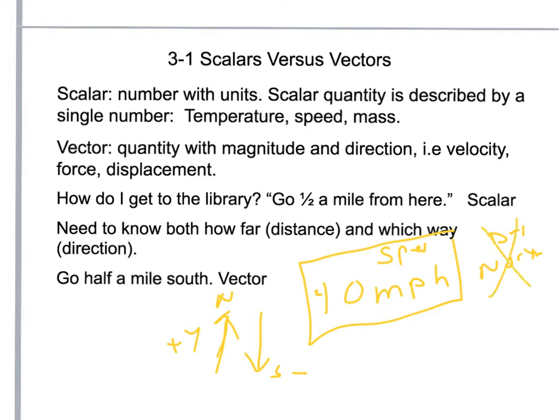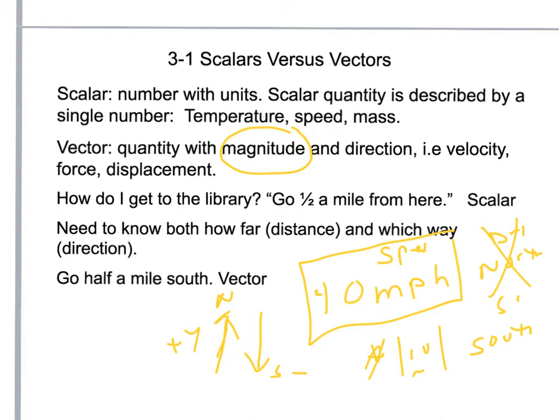You wouldn't need to actually say south at this point, as long as you drew your coordinate system. But let's go back to the word magnitude. Magnitude really is this: the negative goes away, and we get back to our 10 miles an hour. And because it's magnitude, we do now need to say south.